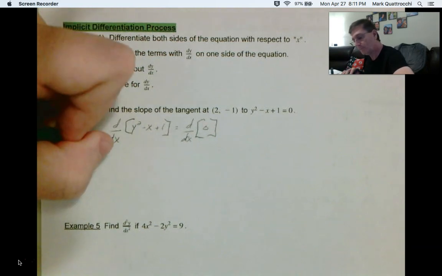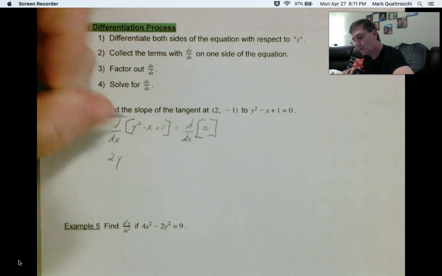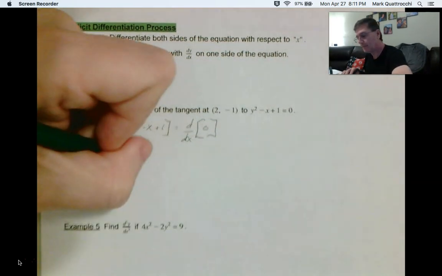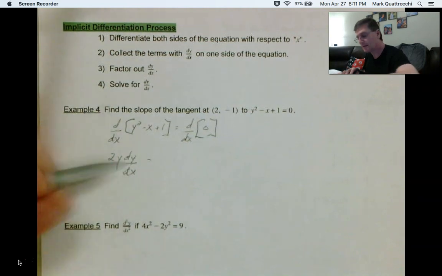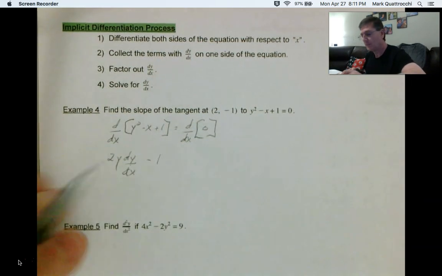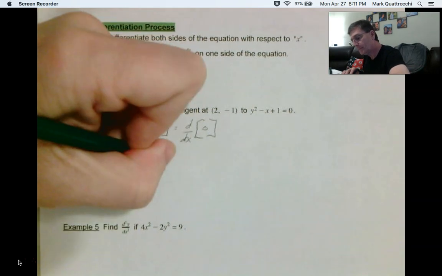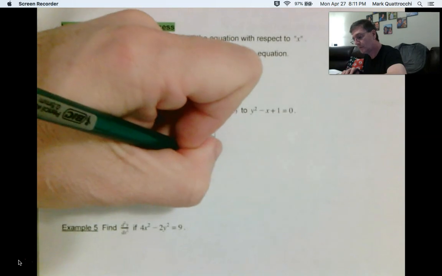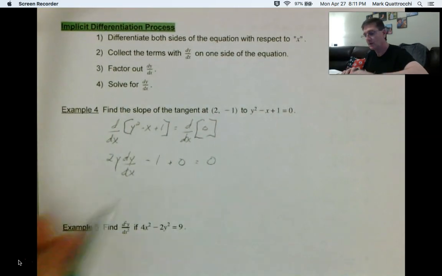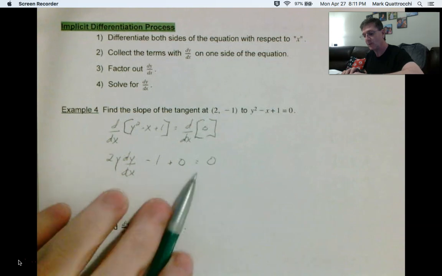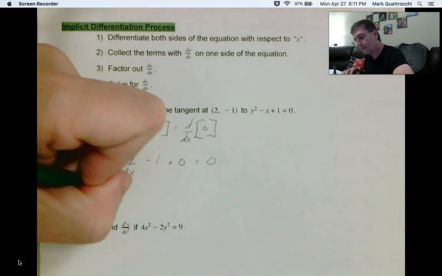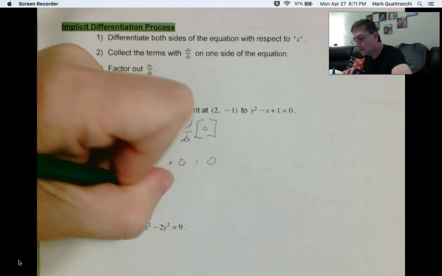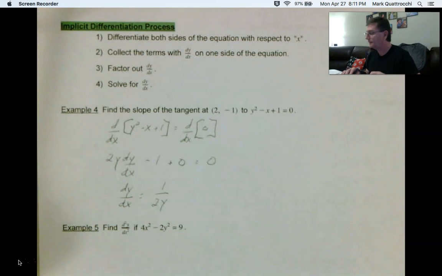Power chain rule, 2y dy/dx minus derivative of x, 1, derivative of 1, 0, derivative of 0, 0. Solve for dy/dx. I'm going to add 1, divide by 2y. dy/dx equals 1 over 2y.